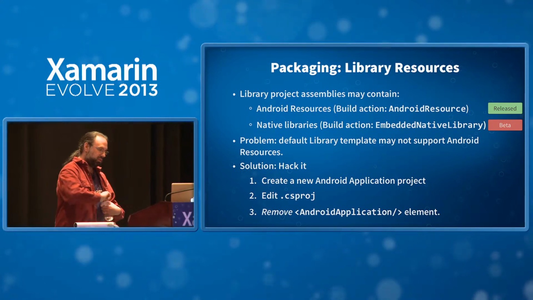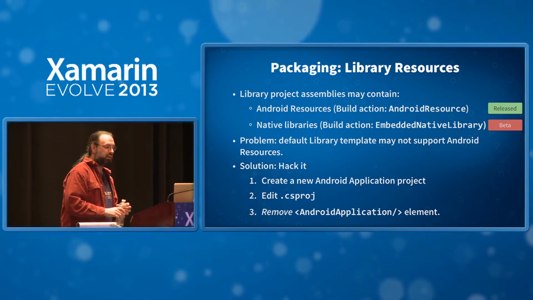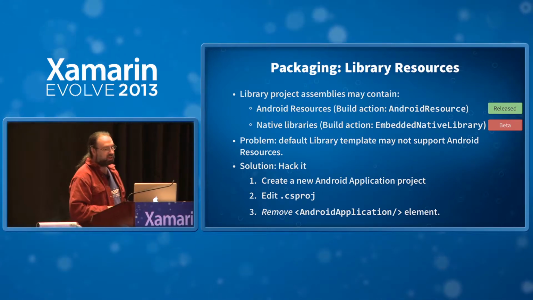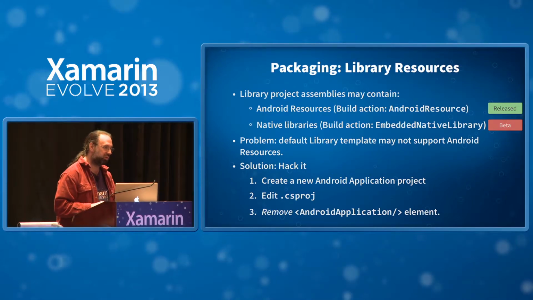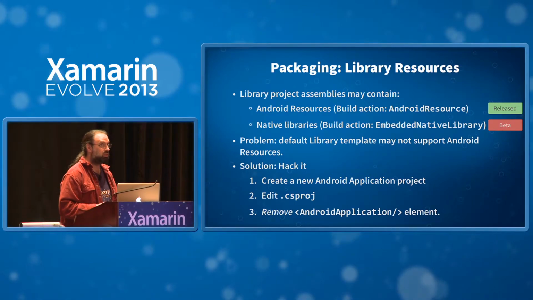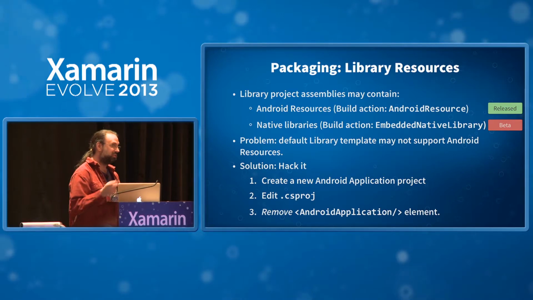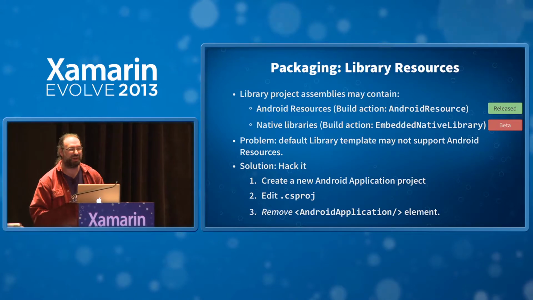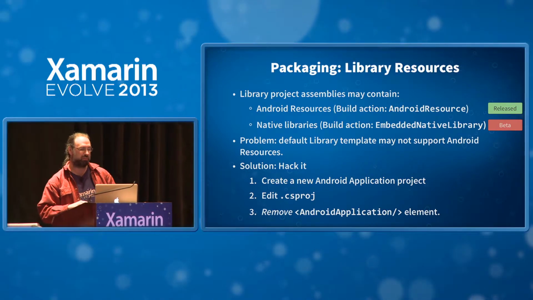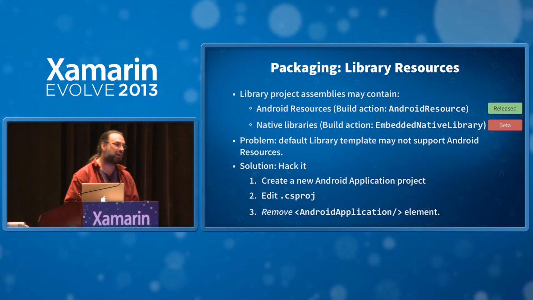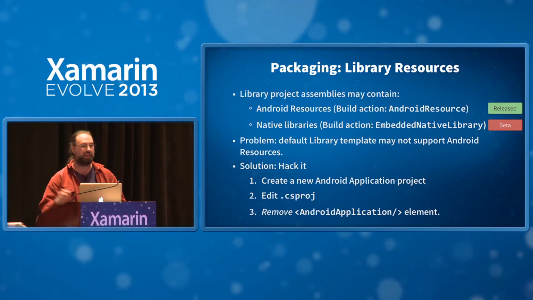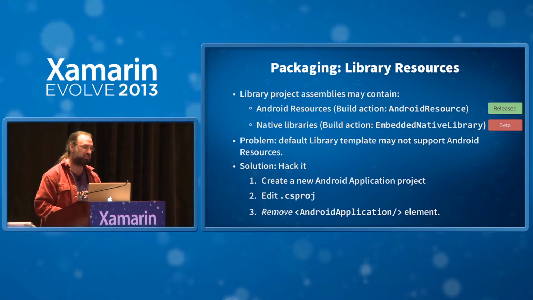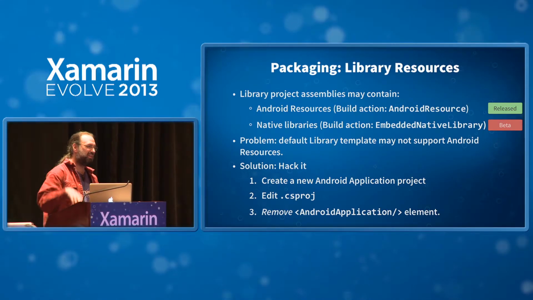Now, one problem is that our default library template frequently does not have support for Android resources, although I have run across one case where it did, so I'm not sure where it works and where it doesn't. But if you happen to be in an environment in which the default library template doesn't have the resources directory and you can't figure out how to add Android resources, what you can instead do is create a new Android application project and then just edit the csproj file.